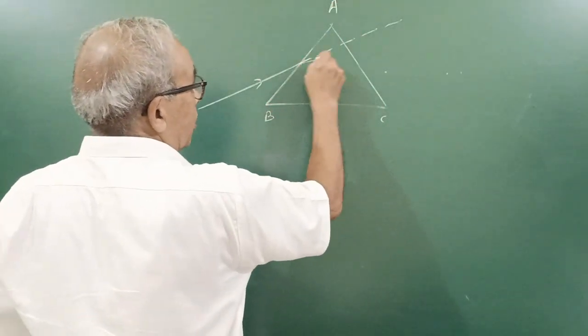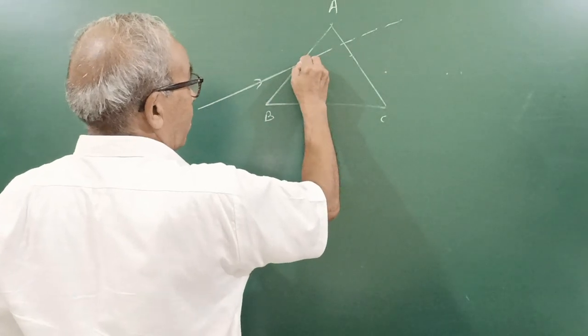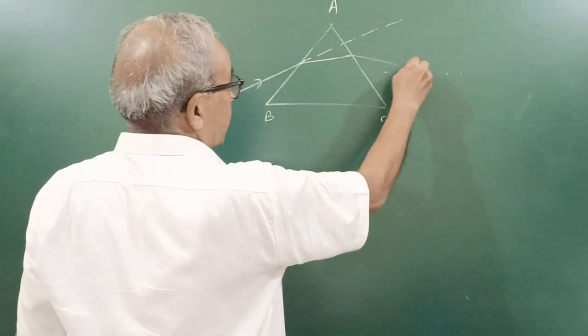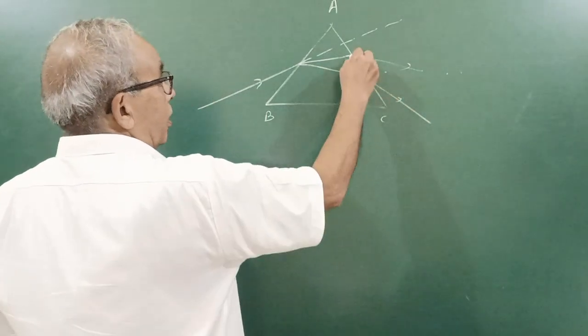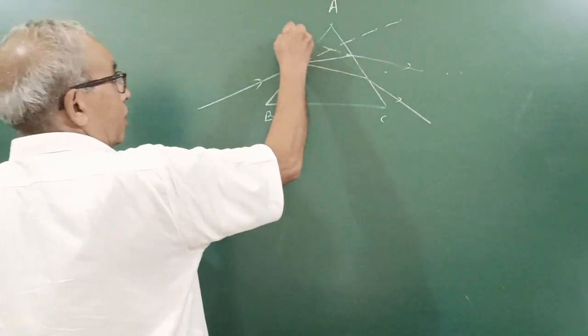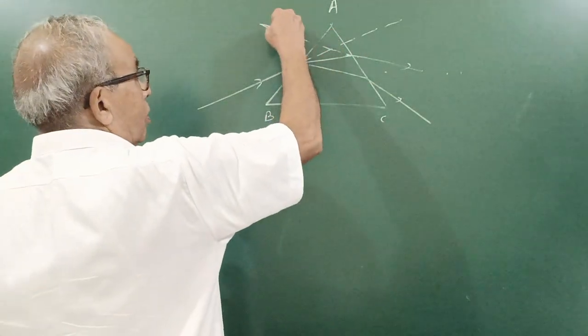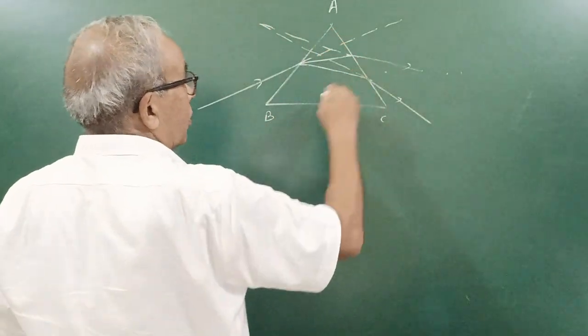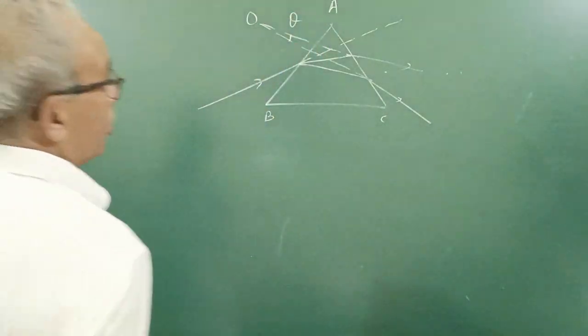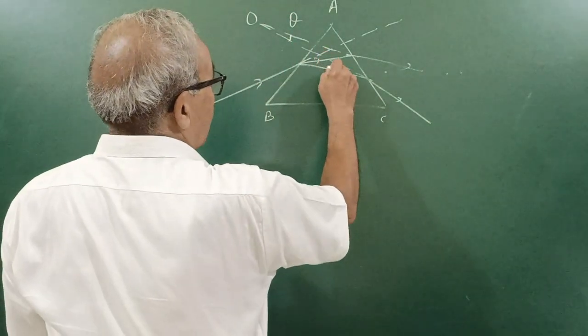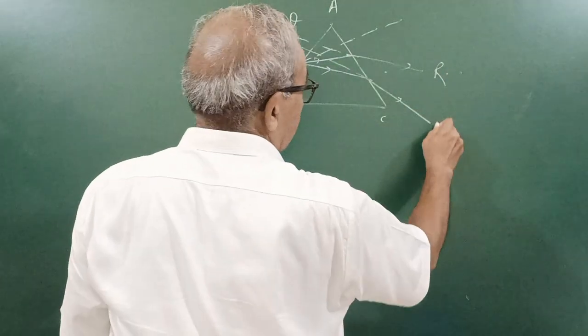Then the red color is dispersed like this, and the violet color like this, and if we produce them back, they appear to come from this point O. This is theta, the angular dispersion between violet and red color.